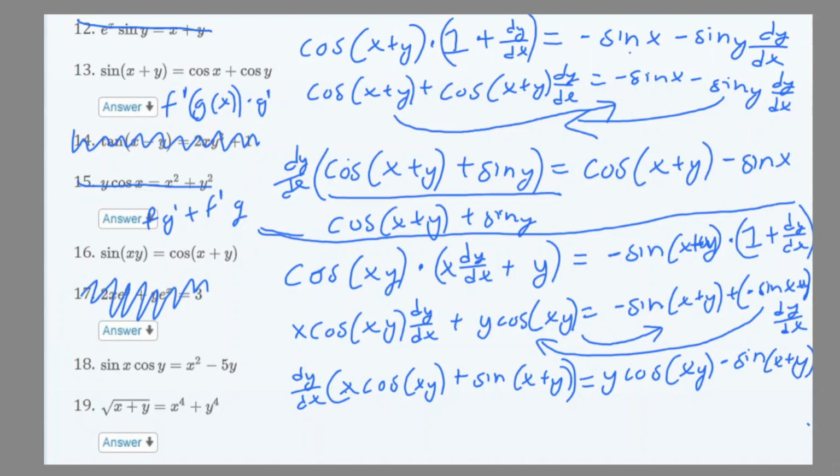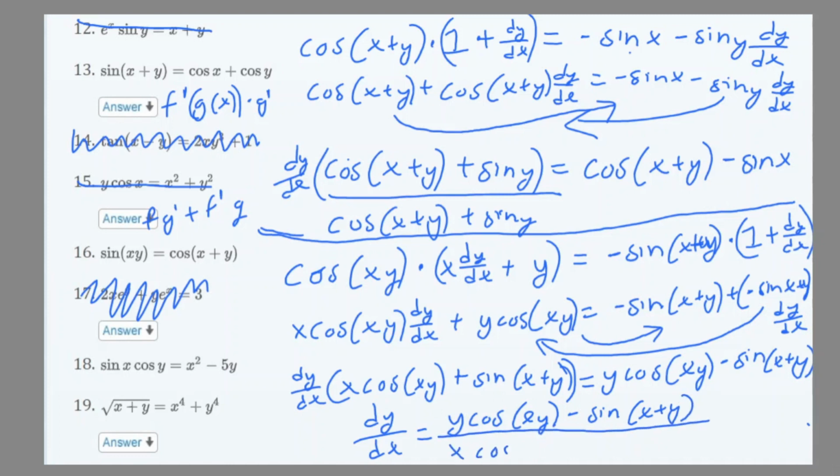And now if we divide x cosine xy plus sine x plus y on both sides, we would have dy dx is equal to y cosine xy minus sine x plus y over x cosine xy plus sine x plus y.